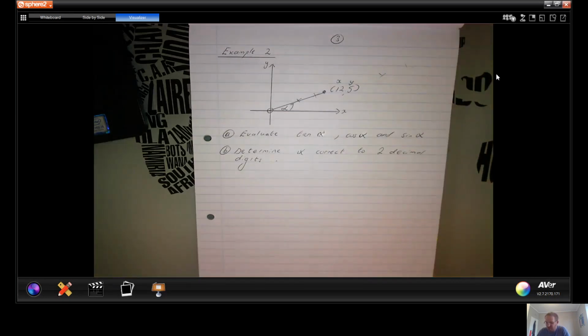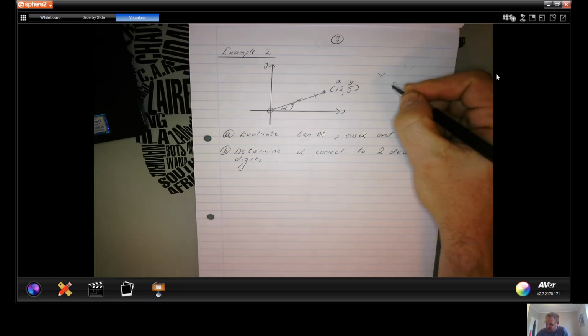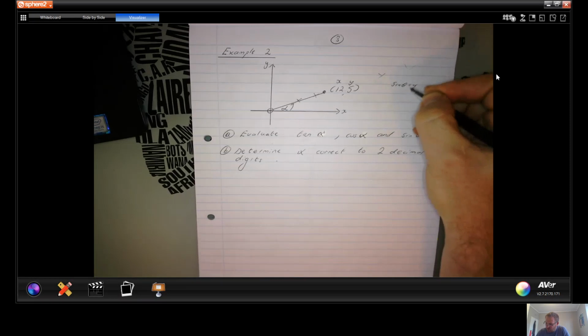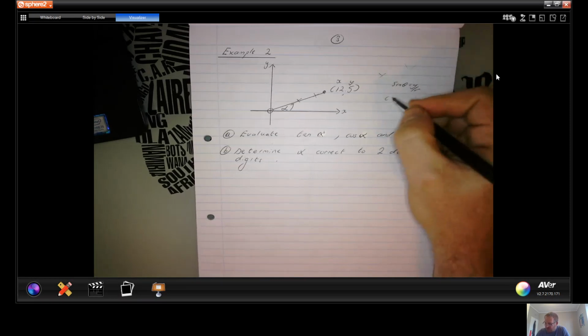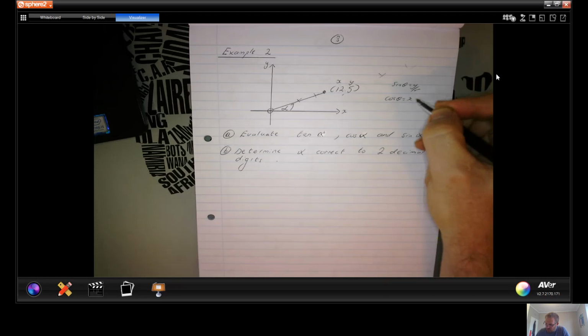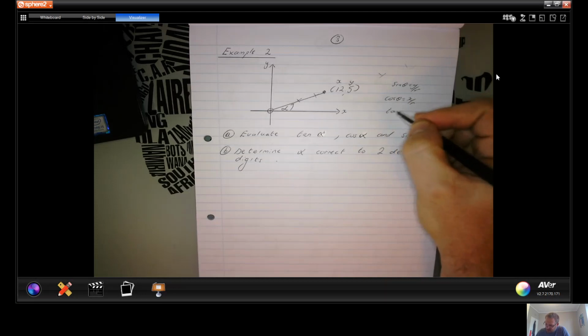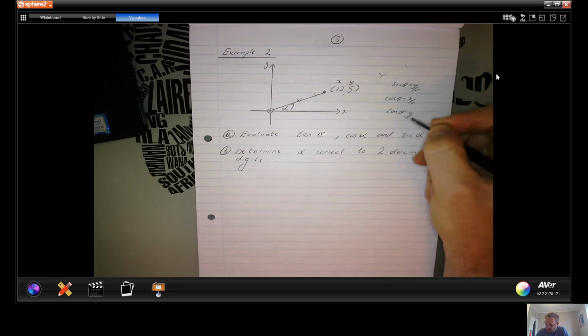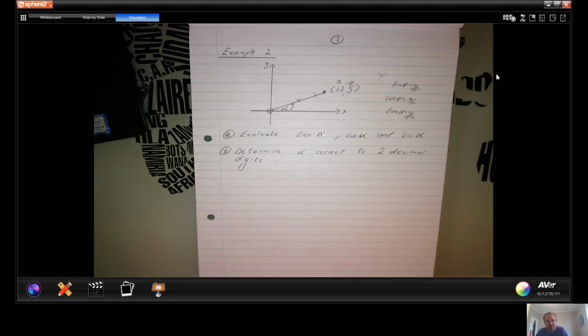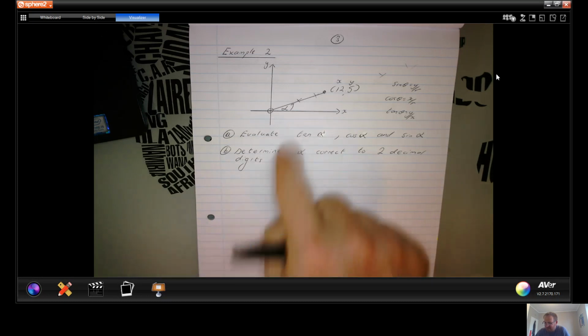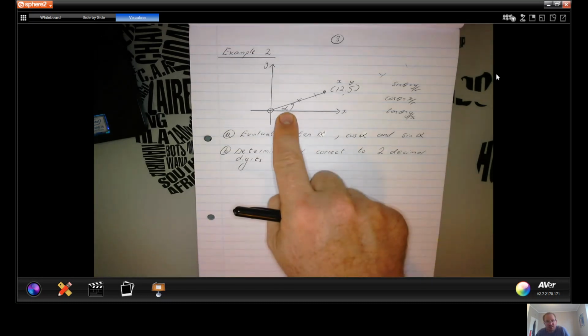Okay, what's our stupid poem? Shade your rear. So sine, shade your rear. Why? Because x rays tan your exterior. Right. So in this question, evaluate tan alpha, cos alpha, and sine alpha. The angle I'm given here, we're given the name alpha.